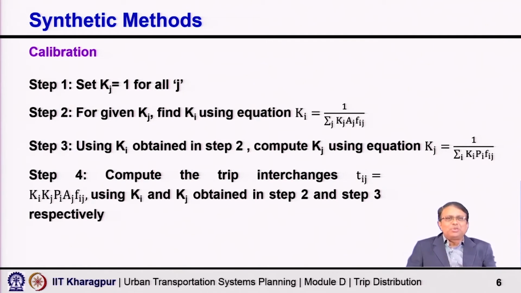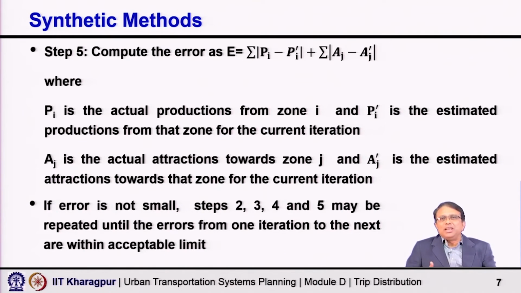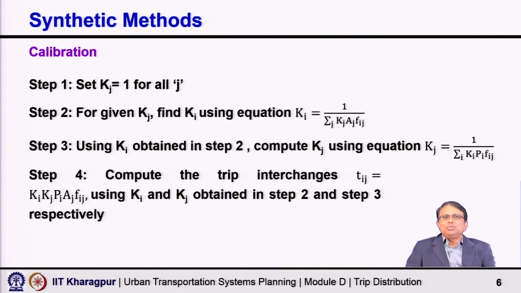Another possibility is that I need not go for step 4 and step 5 again. I will start with step 1, with Kj as 1, then go to step 2 and calculate the Ki values, then with that go to step 3 and calculate the Kj values. Again I go back to step 2, calculate Ki values with those, come back to step 3, and calculate Kj values.